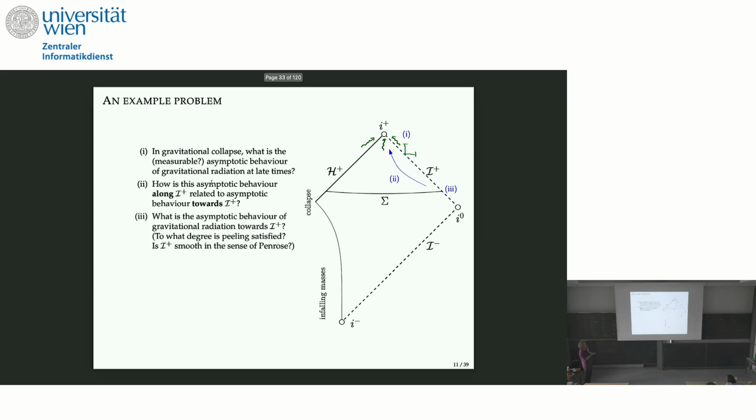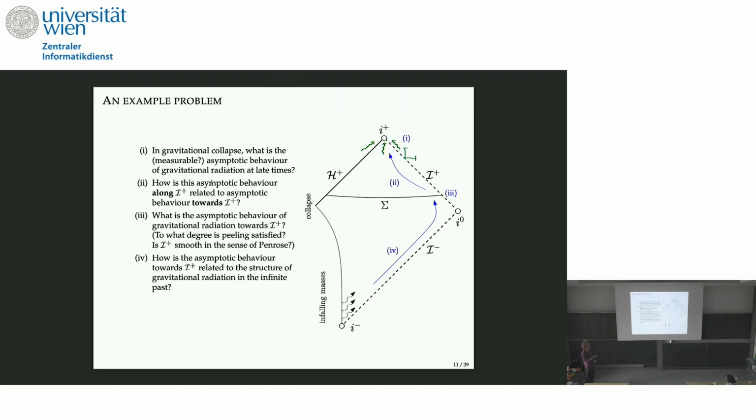Then you can ask yourself, what should this decay towards future null infinity be? You could impose peeling as posited by Penrose. You could impose a smooth infinity. But in order to properly go away from this guessing game, the right way to talk about it is to go all the way back to the infinite past.